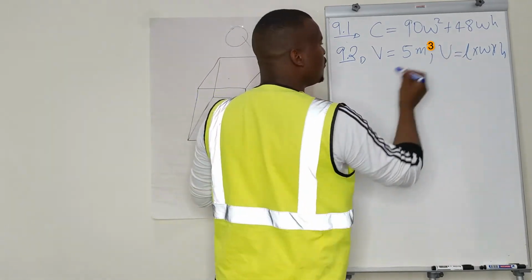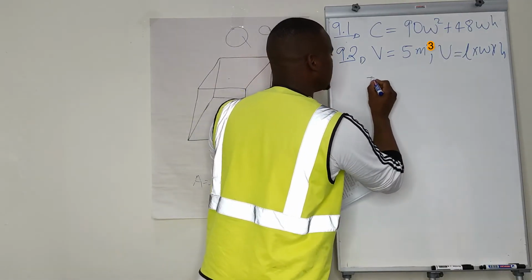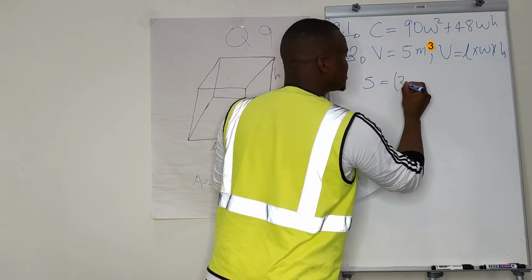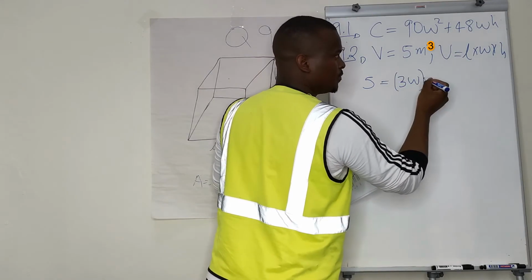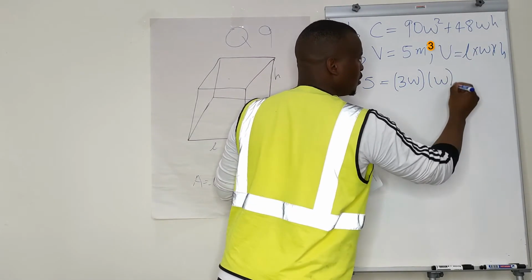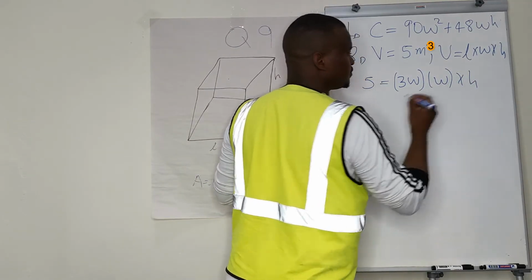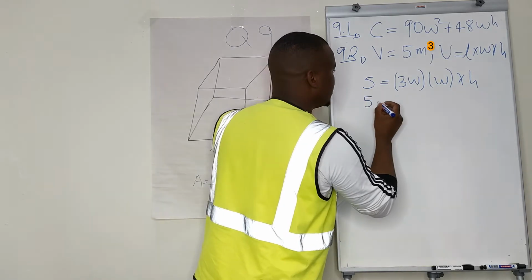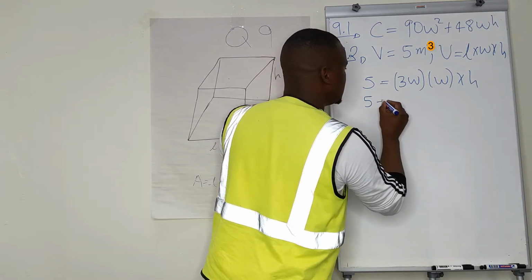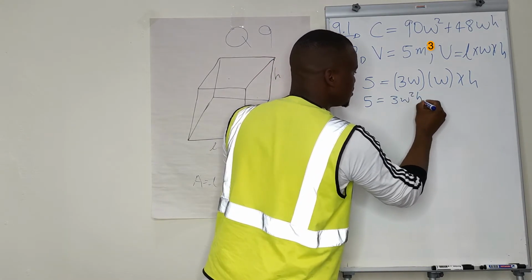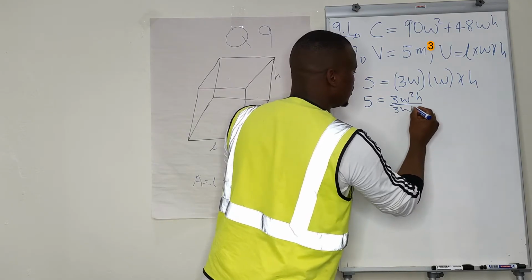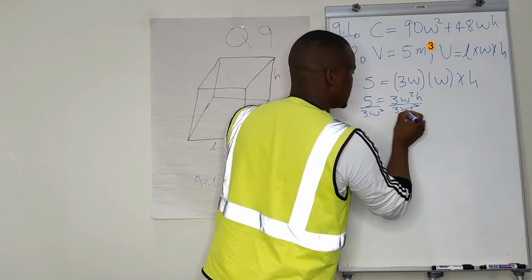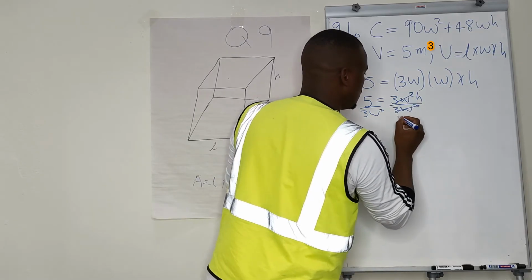So let's substitute there. Our volume, we know it's 5 here. Our length, we're told that it is 3 times the width, times w, times h. So 5 equals 3w squared h, divided by 3w squared. This and this goes away.